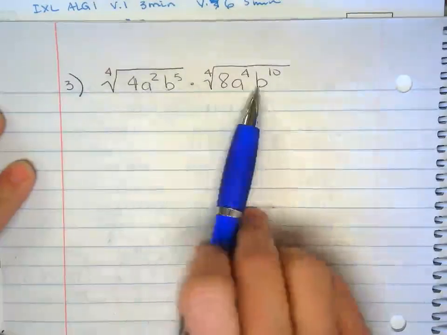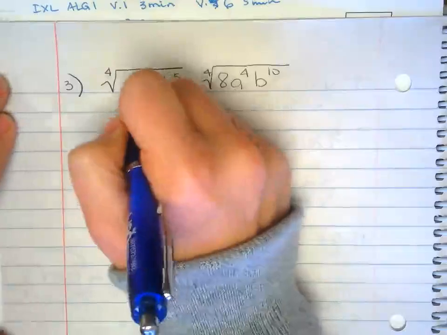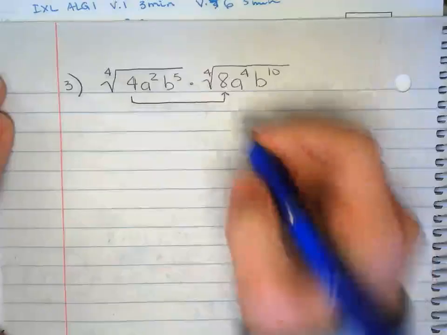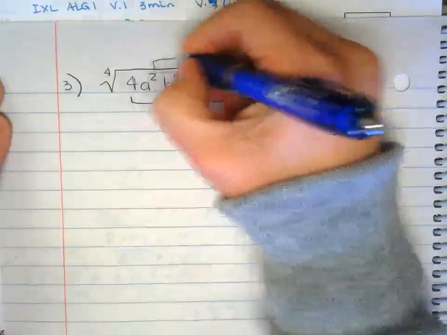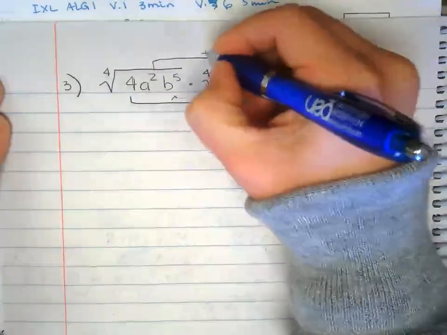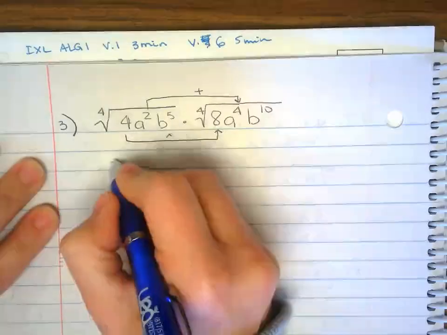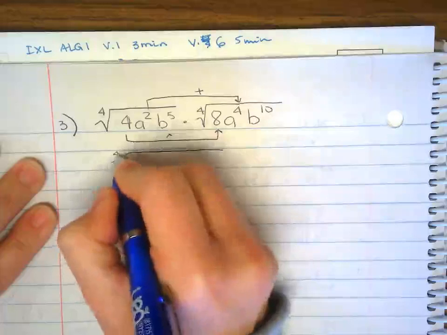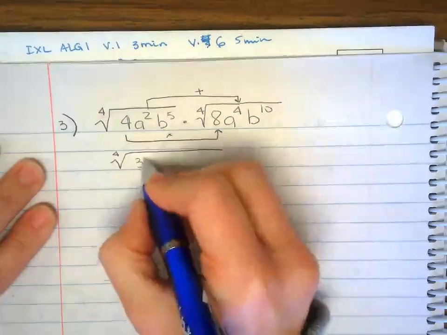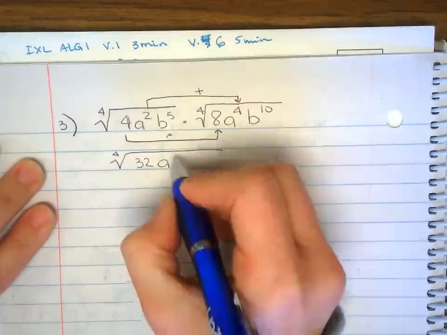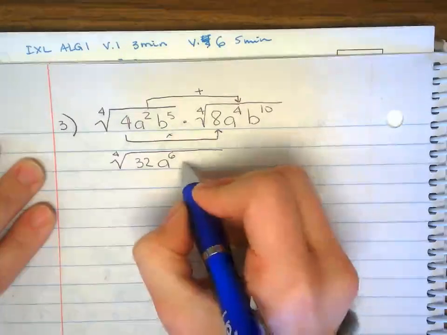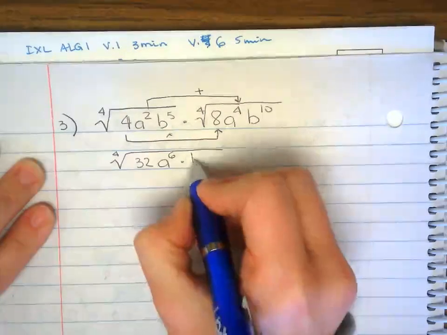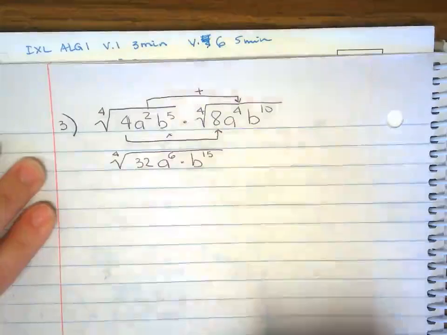So I'm going to multiply everything. So multiply the coefficients, and we're going to add the exponents. Fourth root, 4 times 8, 32. Add the exponents for A, you get 6. Add the exponents for B, you get 15.